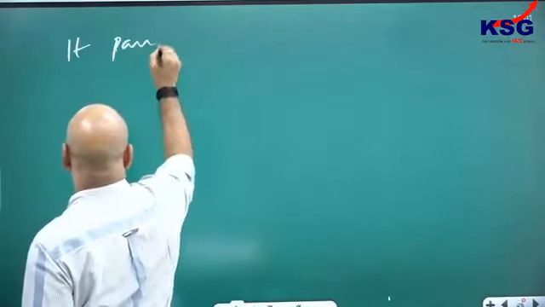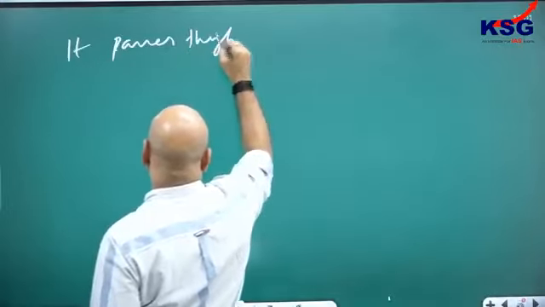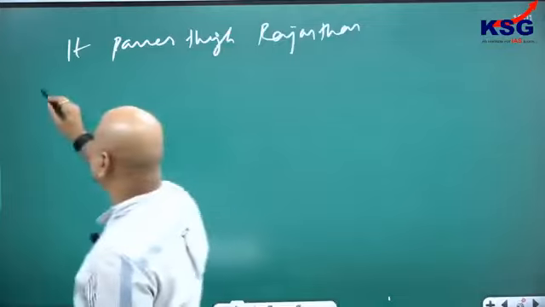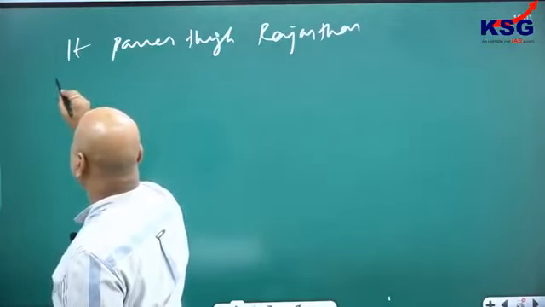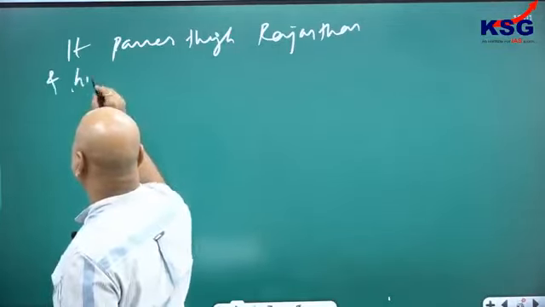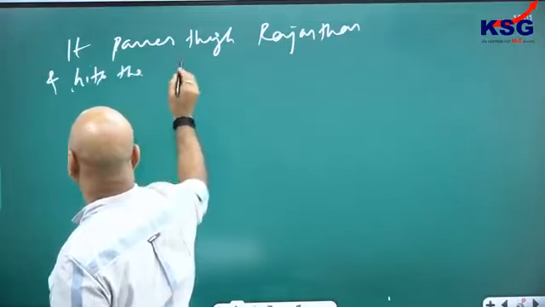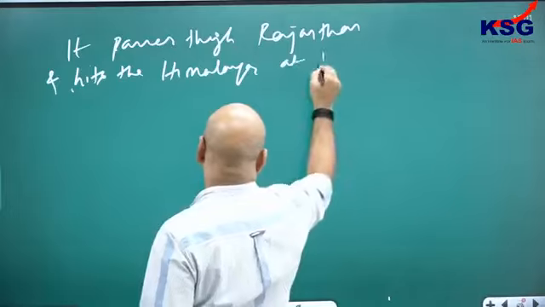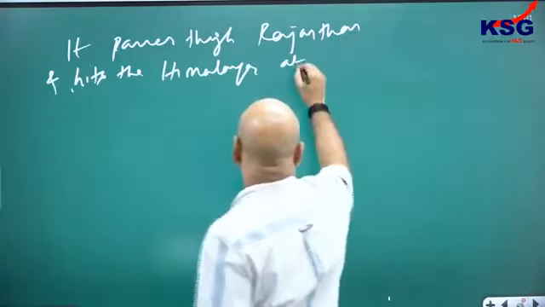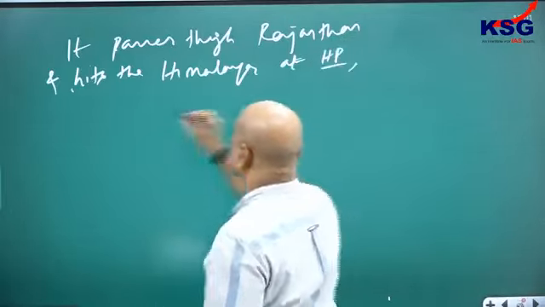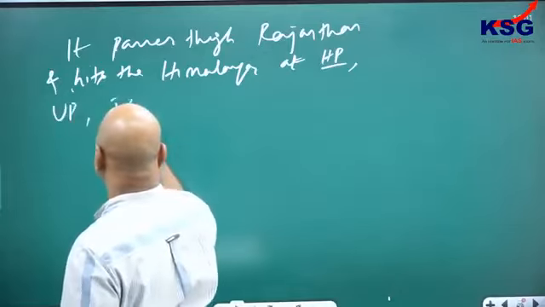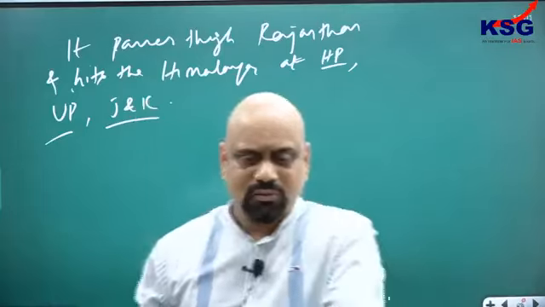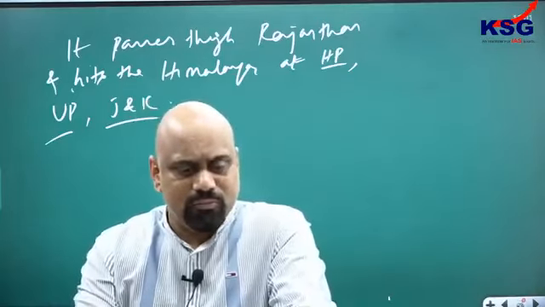It passes through Rajasthan and hits the Himalayas at Himachal Pradesh, Uttarakhand, Jammu and Kashmir, and gives rainfall.